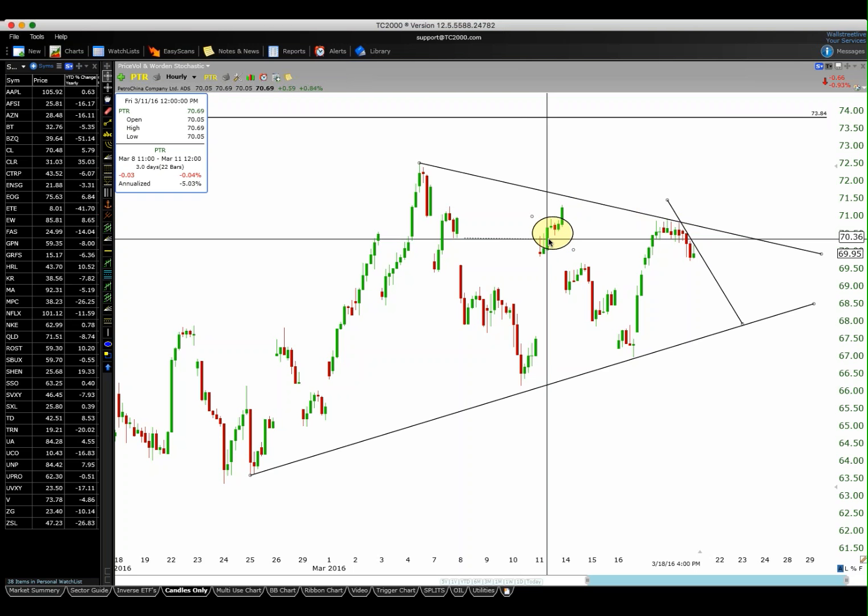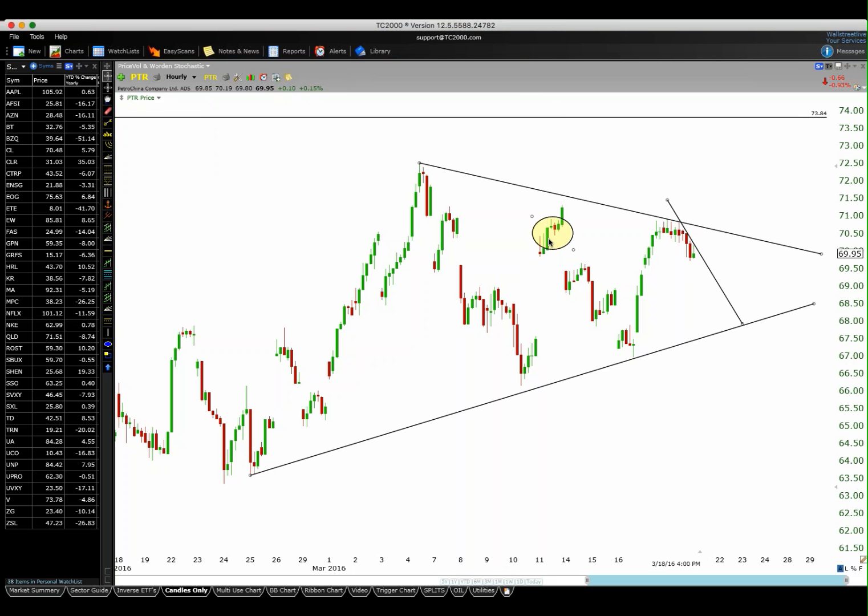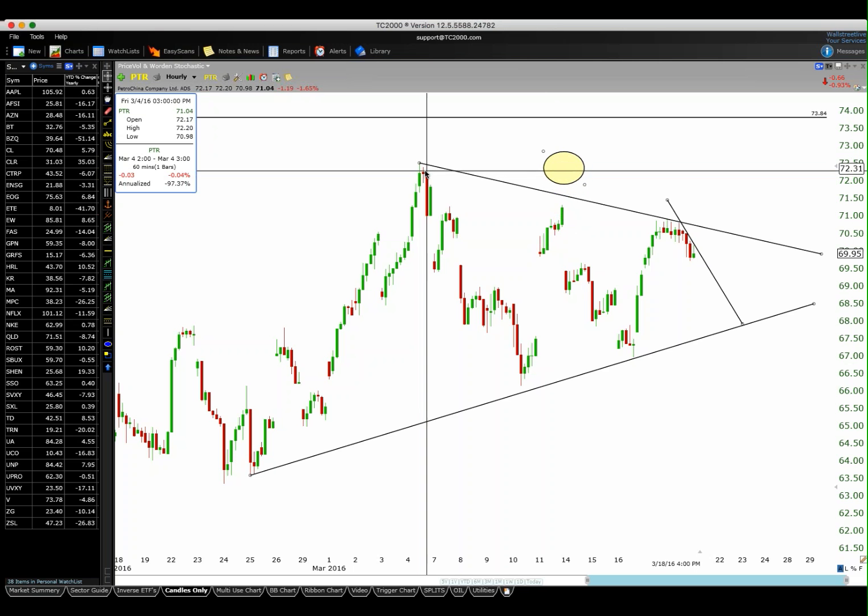So I'll use 50% of my budget, or 25%, or 35%, or 75% of my budget, depending on what my relative strength index is. And if it gets up and creates a double top here, I'll buy the rest.